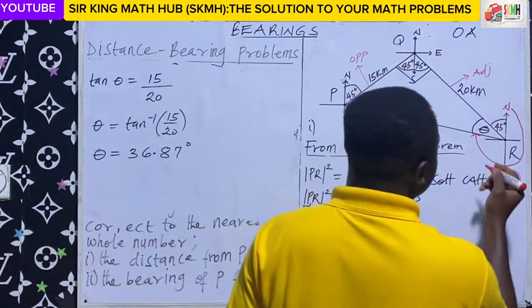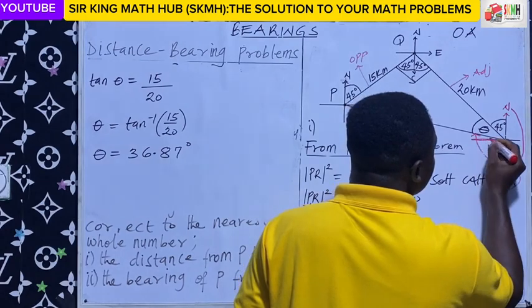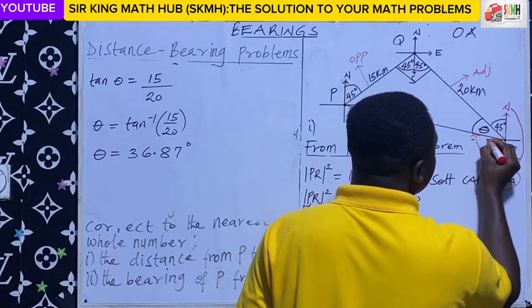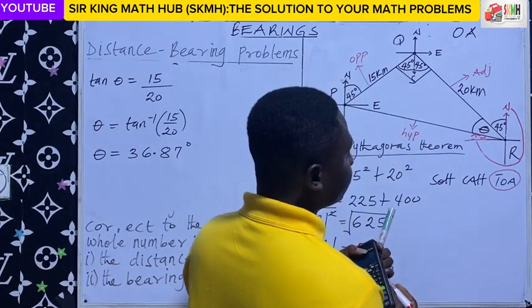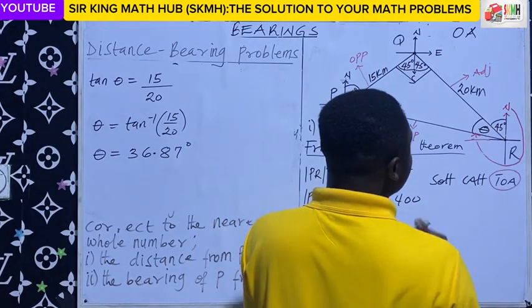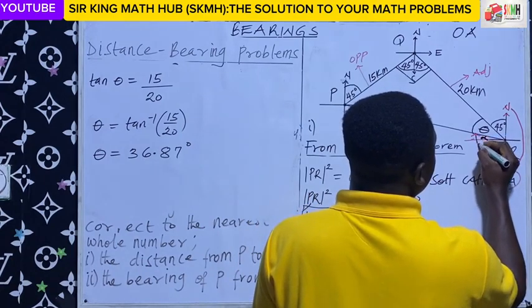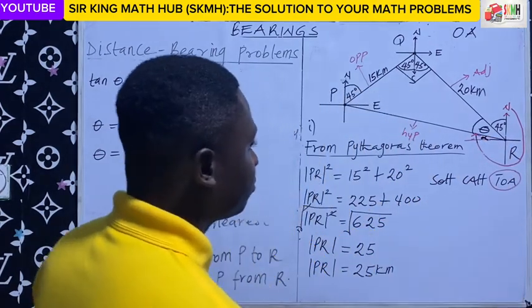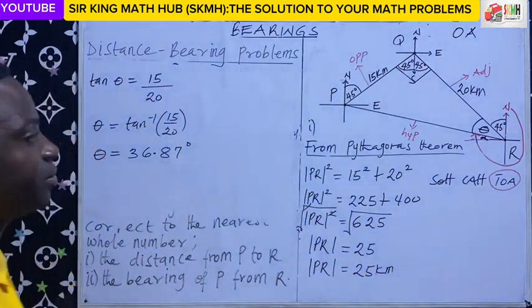So you see that there is a remaining angle here. I'm naming the angle as alpha.